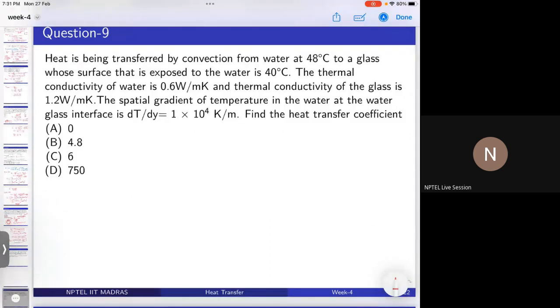Heat is being transferred by convection from water, which is at 48 degrees Celsius, to a glass whose surface that is exposed to water is at 40 degrees.